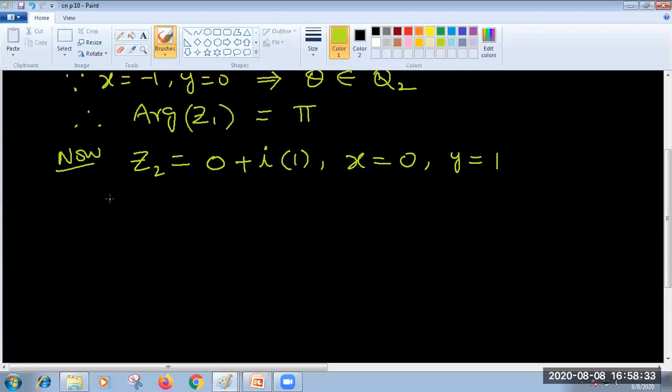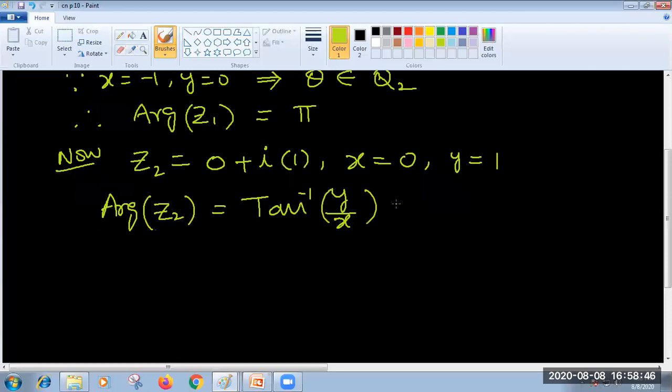Now the argument of z2 is tan inverse y by x. So tan inverse 1 by 0, that is tan inverse infinity, anything by 0.